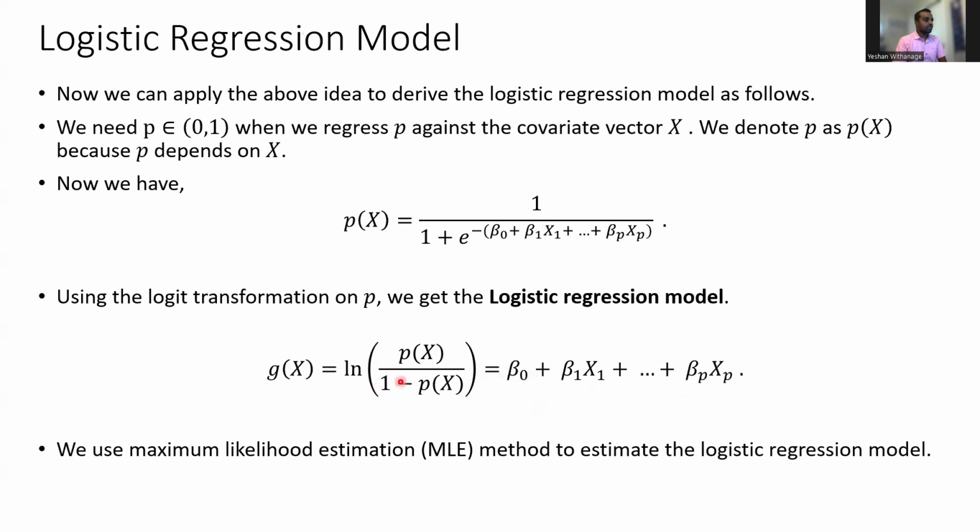This form is really important because this linear combination is very easy to interpret. These coefficients are easily interpretable because of this form. And how do we estimate this? By using the maximum likelihood estimator method. As I said, this is beyond the scope, so I will not discuss that.